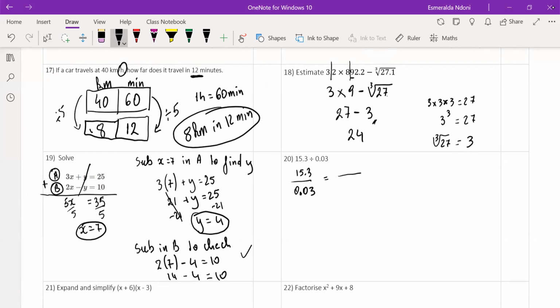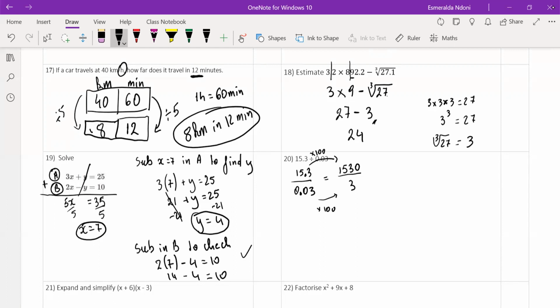The 3 sits in the hundredths column. So I know that I need to multiply by 100. That would give me a 3. However, I also know that whatever I do to the top, I do to the bottom. So the answer in there will be 1,530, after I have multiplied the numerator by 100.